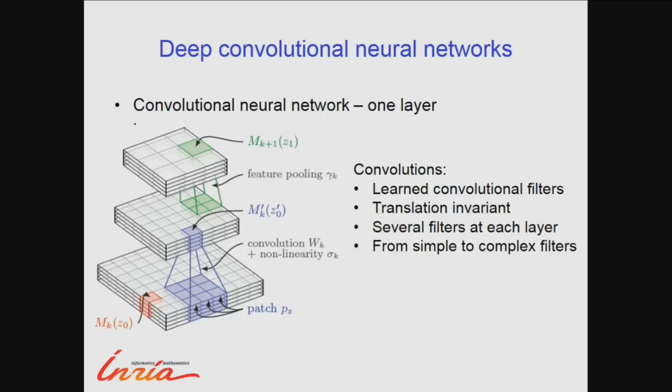In the beginning, the filters have a small size. And then as you move up higher in the layers, due to the aggregations, you capture more and more complex structures. And all of this is learned jointly. And so I'll show in a minute that allows you to capture actually the structures in the images.